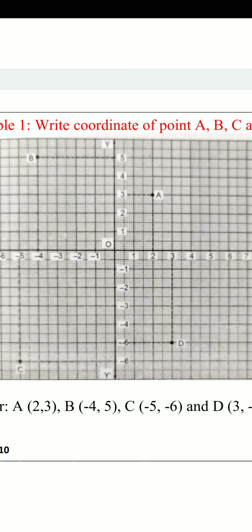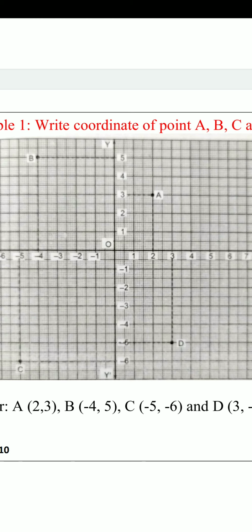From the y-axis it is at a distance of 2 units, measured along the x-axis, and the distance of point A from the x-axis is 3 units. So the coordinates of point A are (2, 3).